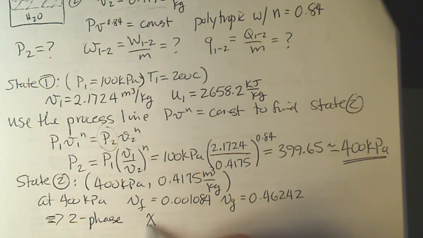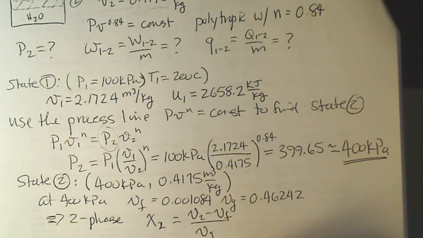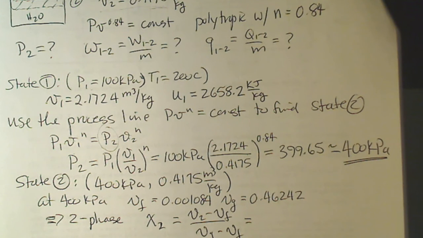And so x2 is V2 minus VF over VG minus VF. And I'm going to save us both writing those numbers down twice. I'm going to try to calculate it using my simple calculator here.